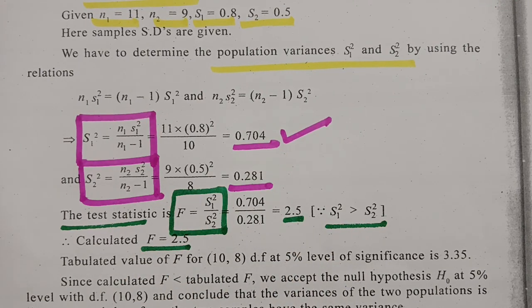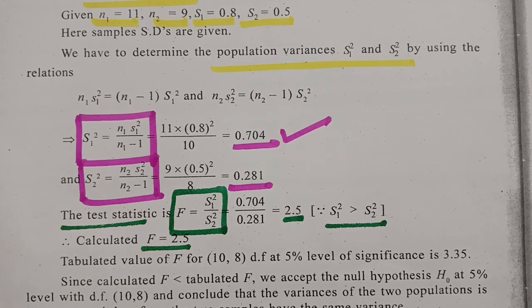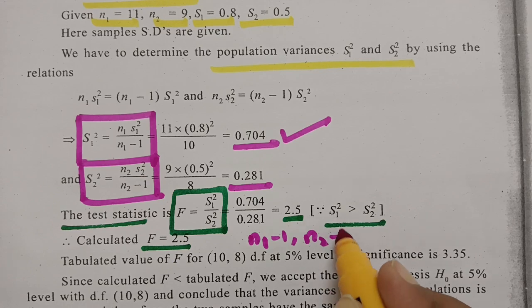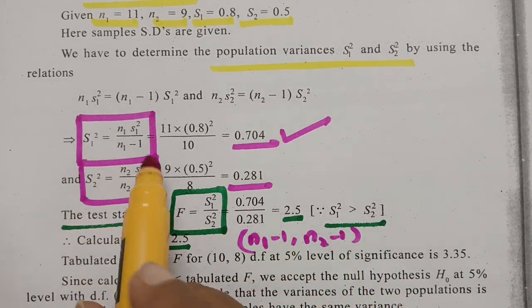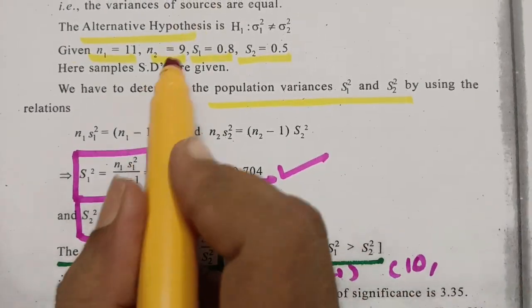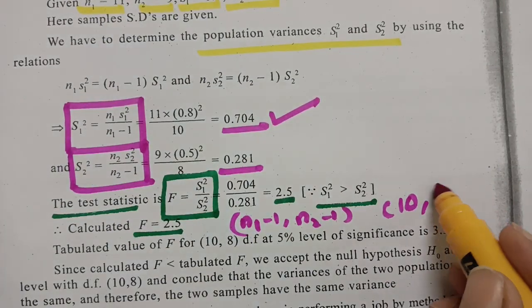And next we have to check the degrees of freedom. The degrees of freedom will be n1 minus 1, and n2 minus 1. What is n1 here? n1 value is equal to 11. 11 minus 1 is 10, comma, n2 is equal to 9, so this value is 8.